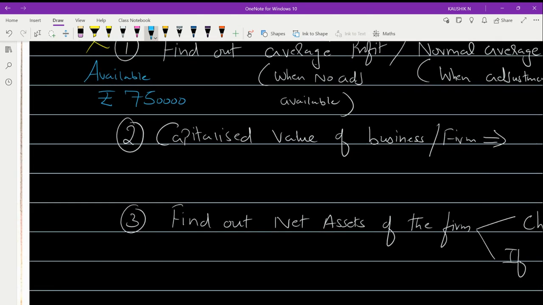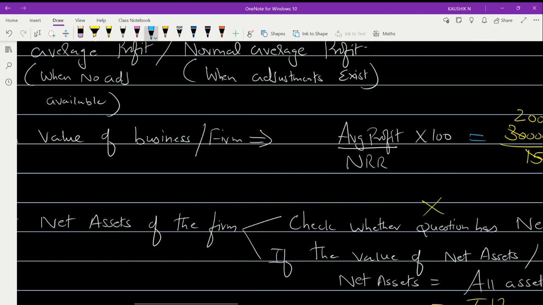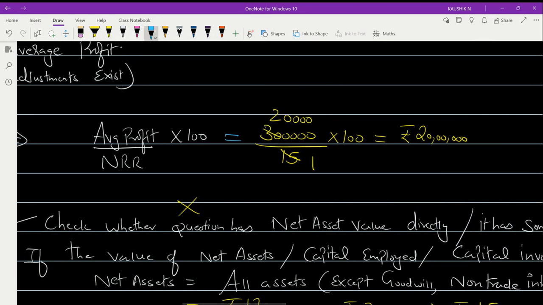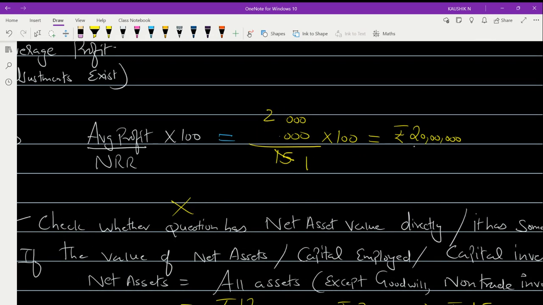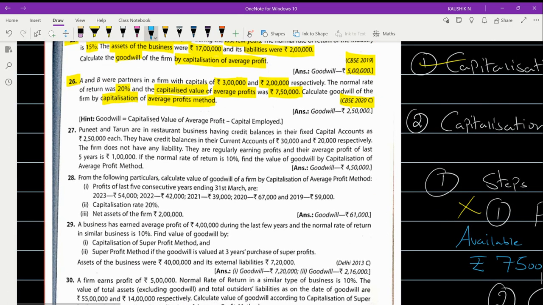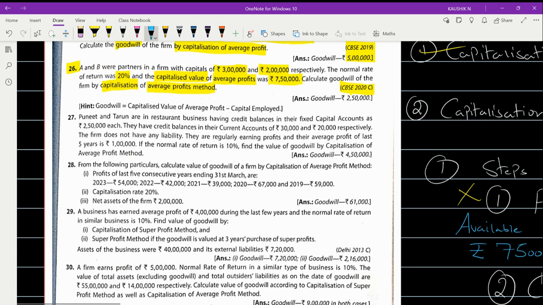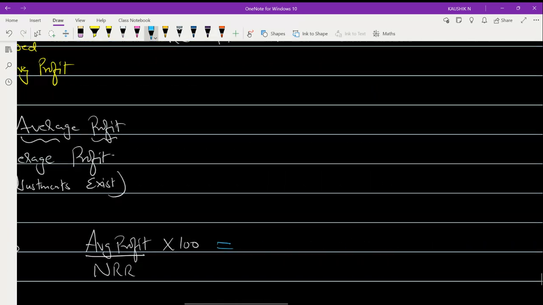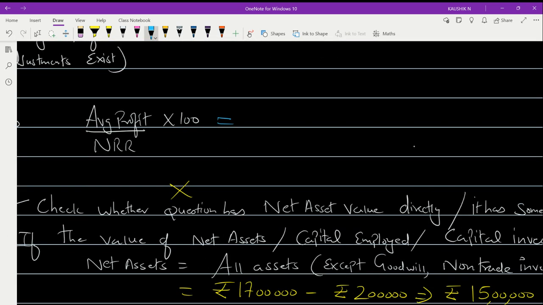The next one, you have to find out the capitalized value of your business or firm. சரி, இந்த சம்மில் NRR கொடுத்துருக்கான்னு பாருங்க. கொடுத்துருக்கு. வாட் இஸ் த பர்சன்டேஜ்? 20% கொடுத்துருக்கான். ஸோ அப்போ 7,50,000 is your average profit divided by 20 into 100. 10 from there, 10 from here.